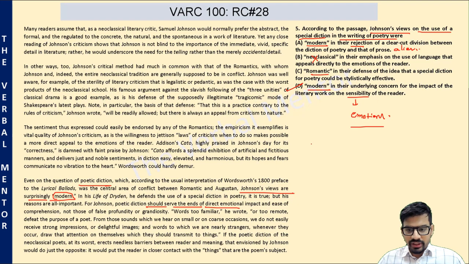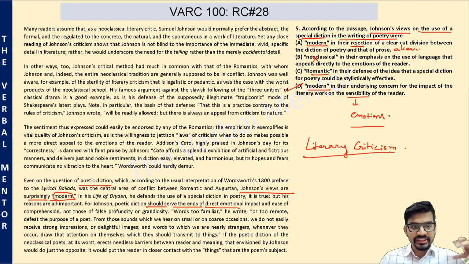If you faced difficulty, I recommend that you read more such articles on literary criticism so that you become comfortable. In literary criticism, what happens is, some literary critic analyzes or evaluates someone else's work. So Samuel Johnson was a literary critic who analyzed works of literature, and the author of the passage is also probably a literary critic who analyzes works of Samuel Johnson.